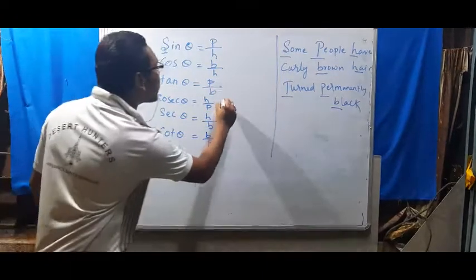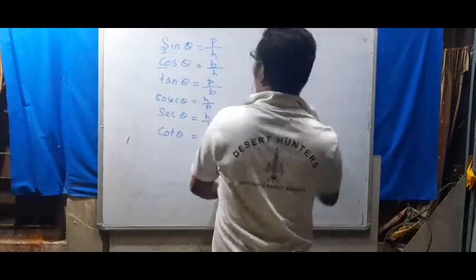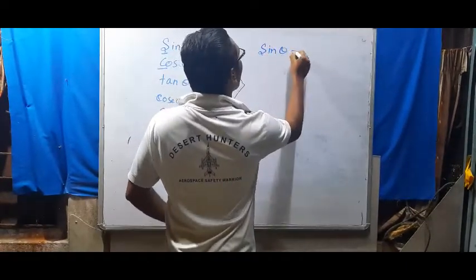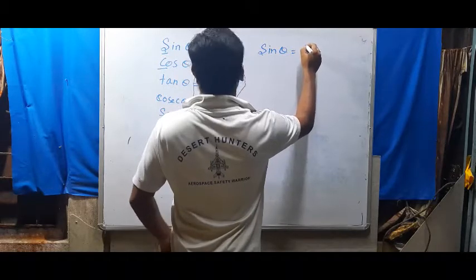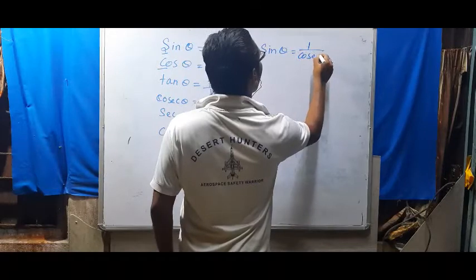So from here we also get another formula, that is sin theta equal to one upon cosec theta.